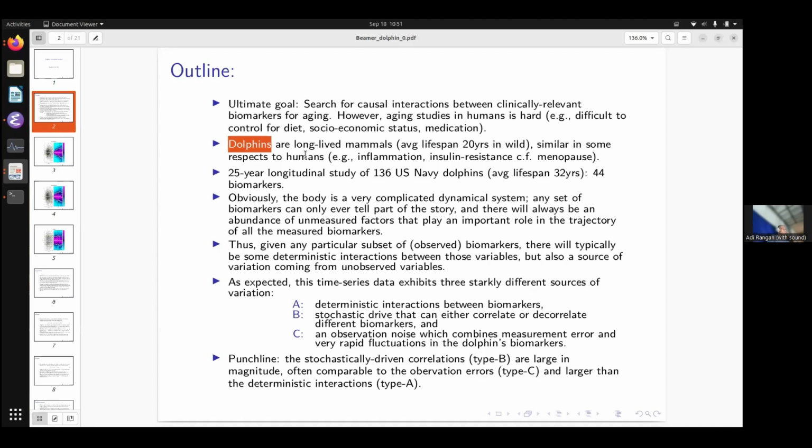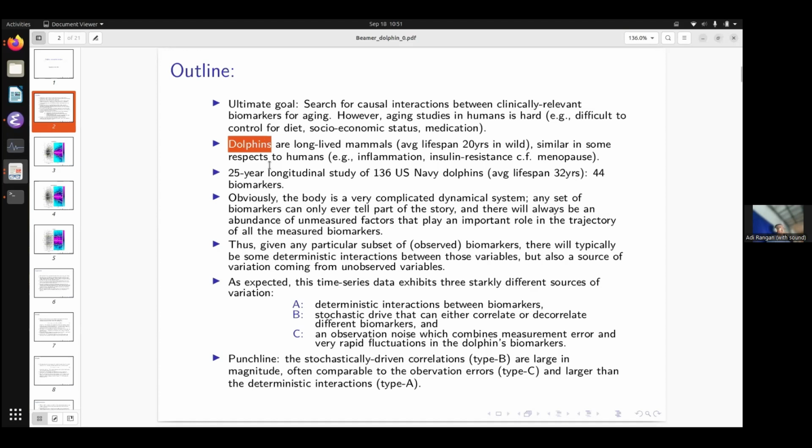There are dolphins, but there aren't too many other long-lived mammals that have been the subject of very long-term longitudinal studies that could in any way assess something like aging or causal relationships between biomarkers. And we were fortunate enough to have access to this one of a kind dolphin study.